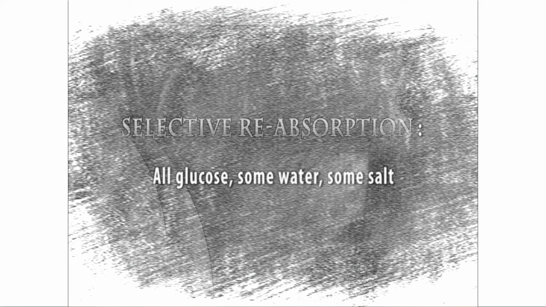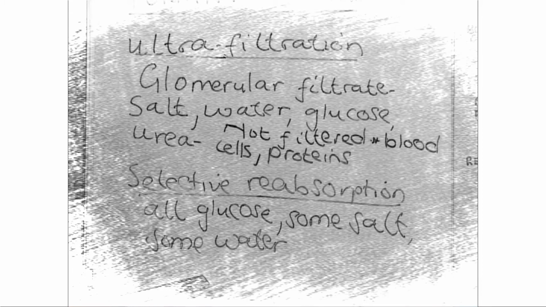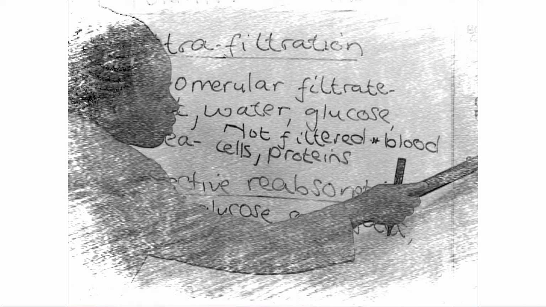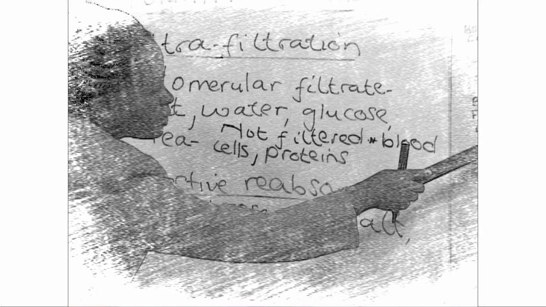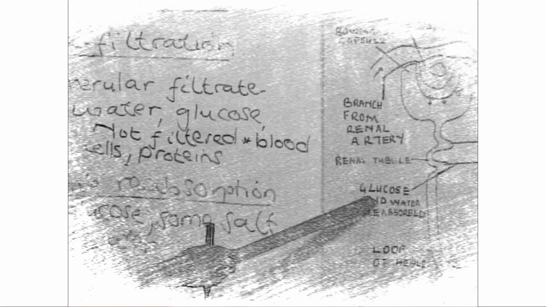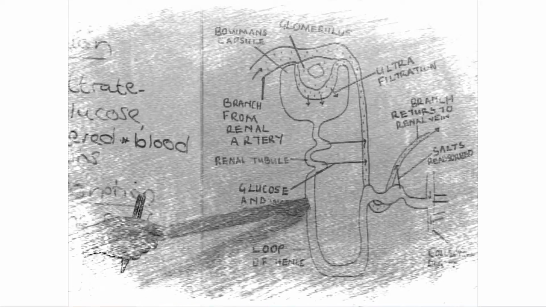The reason is that it depends on the body demands. If you need more salt, it means more salt will be reabsorbed. If your body needs more water, it means more water will be reabsorbed. So as the glomerular filtrate moves down, glucose and water are reabsorbed.